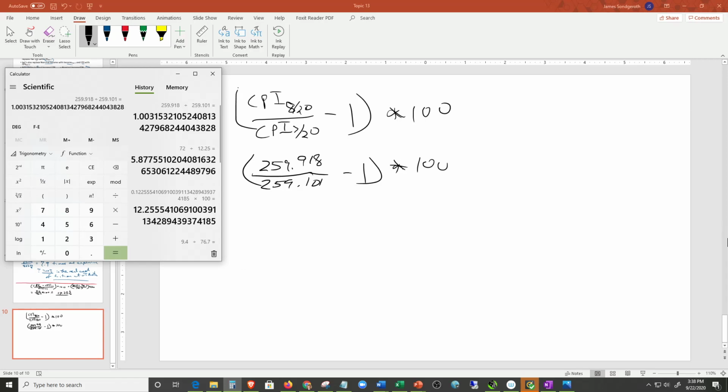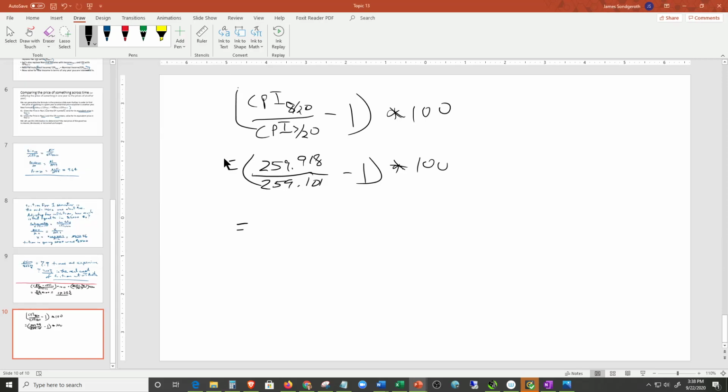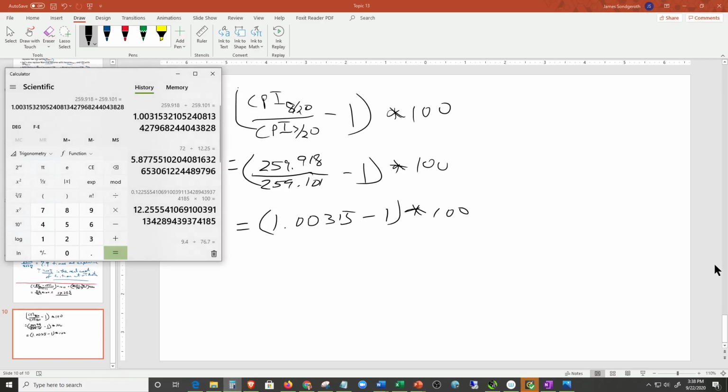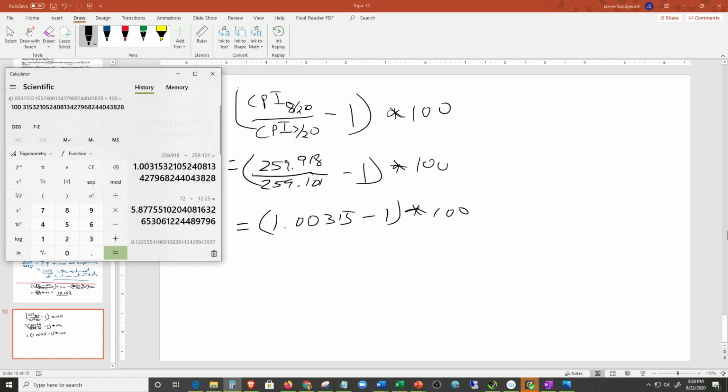So this is basically equal to 1.00315 minus 1 times 100. Let's bring our calculator back up, and let's multiply that by 100.